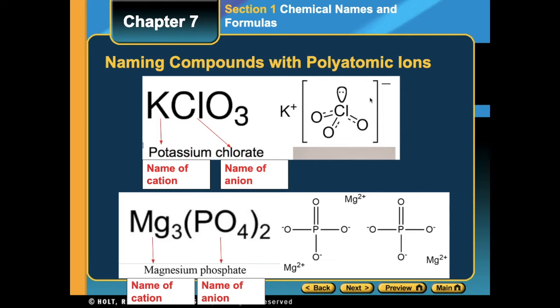But this is chlorate, and it has an overall charge of negative, which means this whole thing together can bind to something that has an overall charge of positive 1. So when it finds this potassium, which is K, remember, potassium is K, not F, not P, it can bind to it, and together they will form an overall charge of 0 because there's one positive charge and one negative charge, so they cancel each other out.